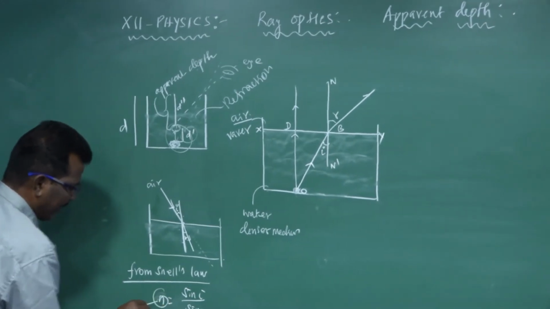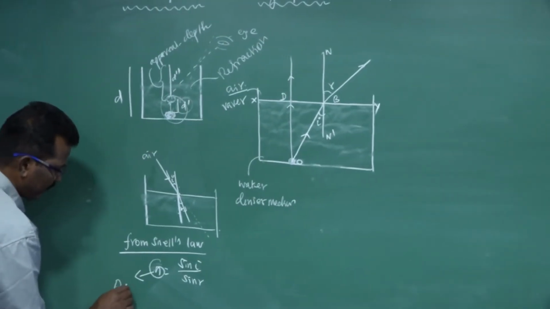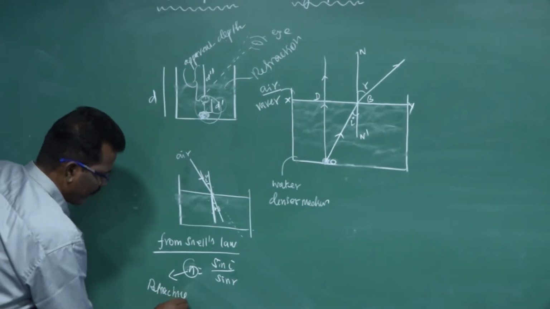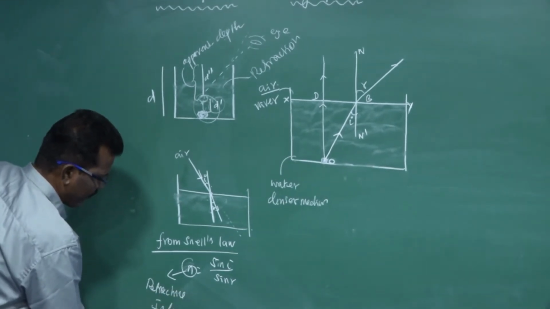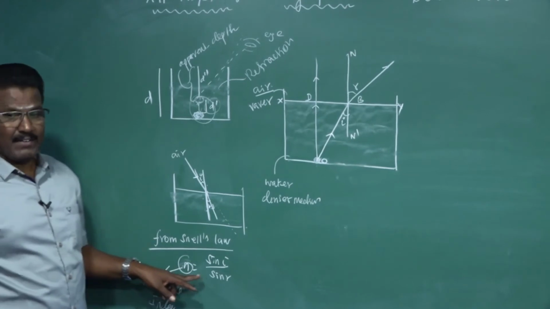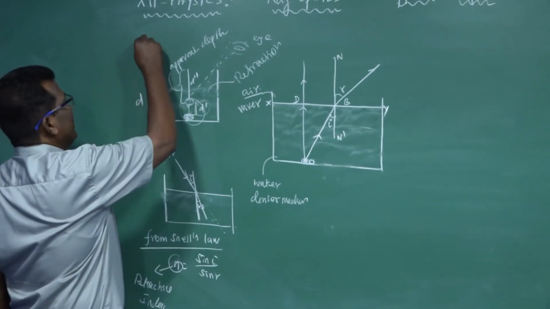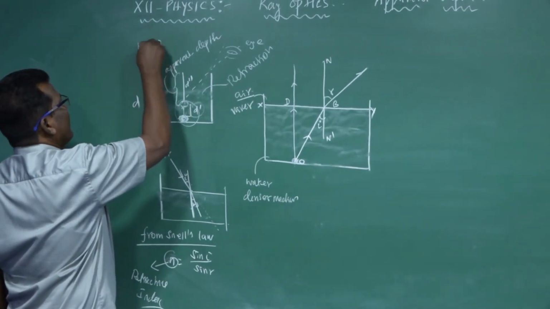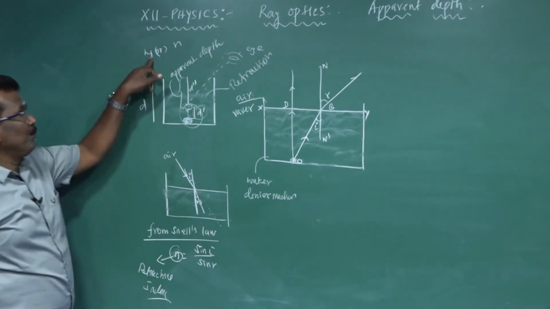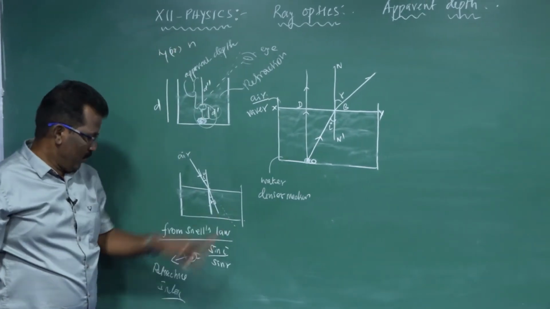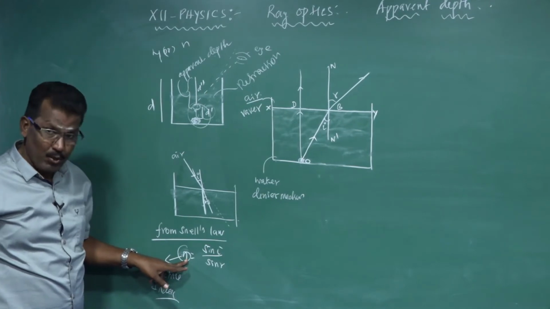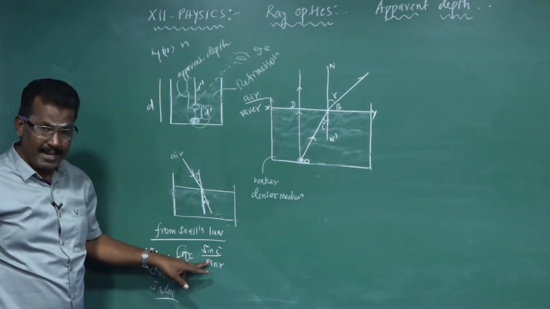N is the refractive index. We can use the notation mu or n. So from Snell's law, n is equal to sin i by sin r.